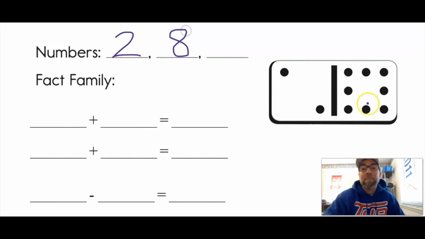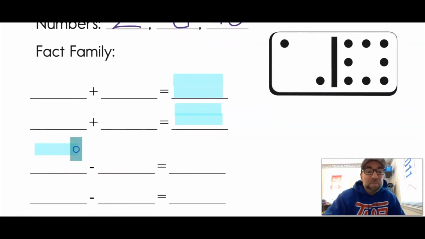And did you come up with a total of 1, 2, 3, 4, 5, 6, 7, 8, 9, 10? 10 total dots. Remember, in addition, our biggest number comes at the end. In subtraction, the biggest number comes at the beginning.